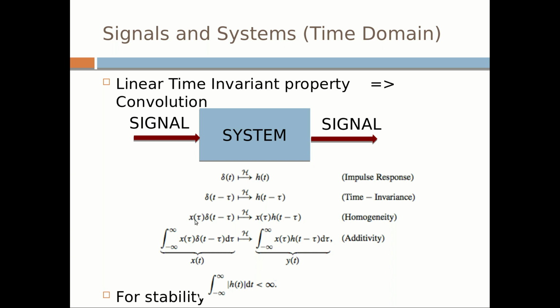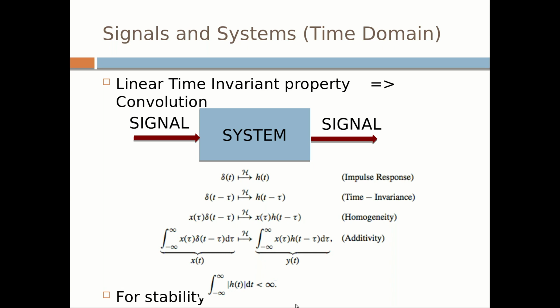They also satisfy homogeneity property, because of which multiplication of a constant at the input will also reflect on the output. We know that integration is continuous summation, and when we try to integrate the input signal from minus infinite to infinite, it gives us the output y of t, which is nothing but convolution of x of t and h of t.